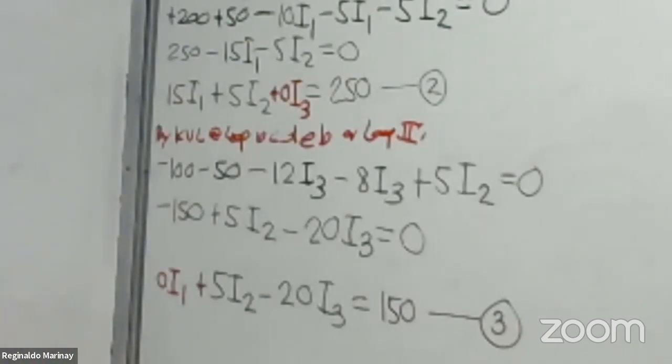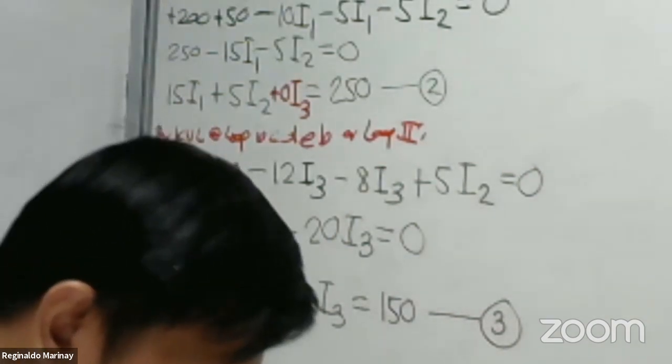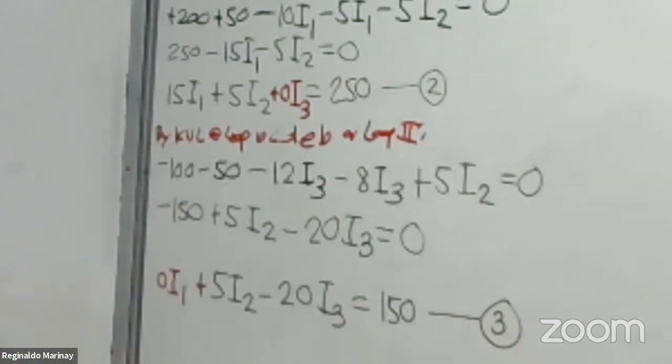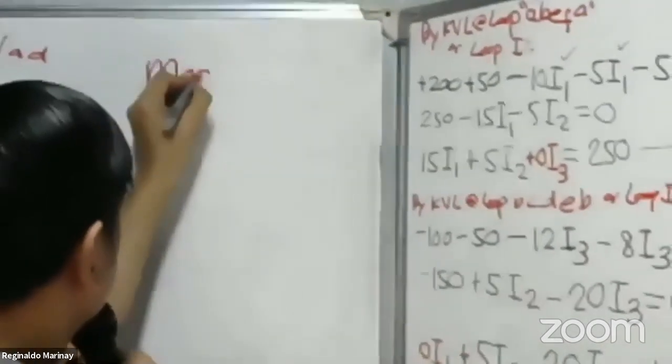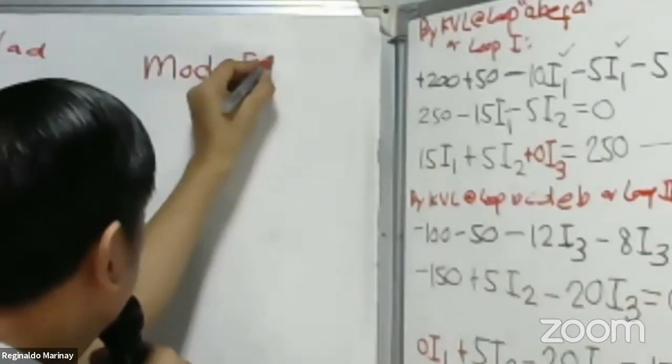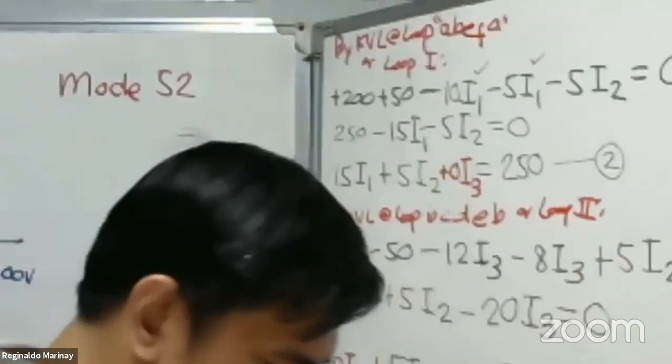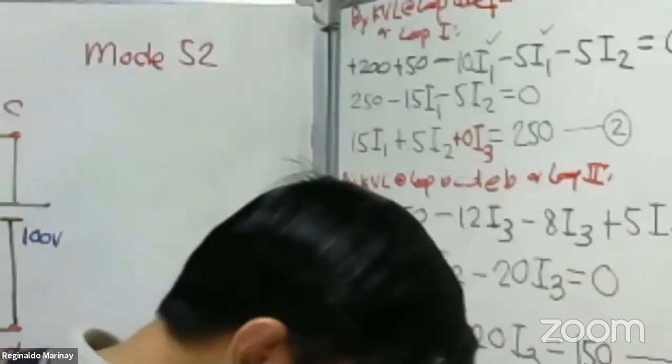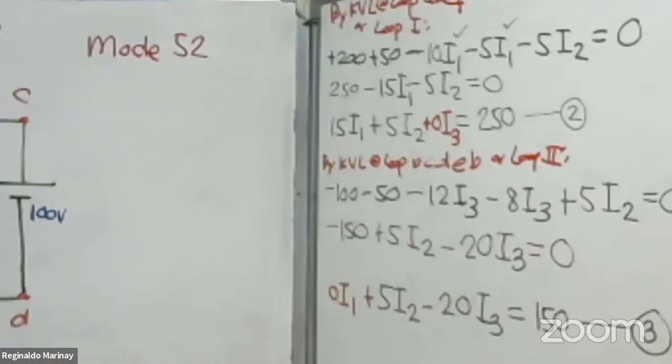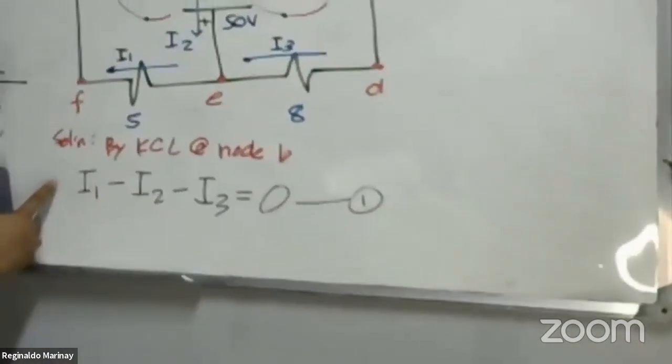Okay, so put your calculator in mode 5.2. Mode 5.2 lang. Press mode 5. Okay, see, this is the first equation. Take a look here.